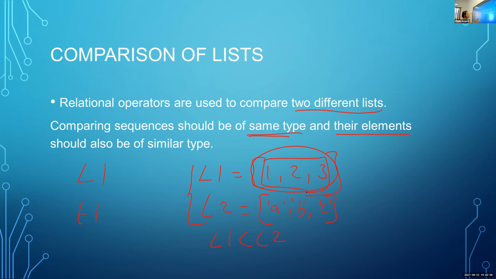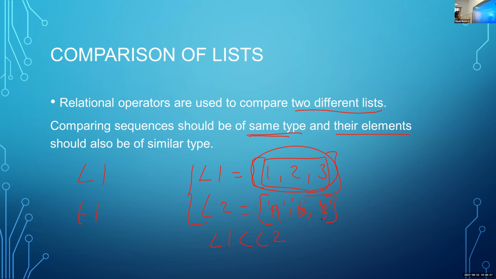Then the second point, their elements, that is contents, with same data type. If I am using integer values in L1, here also you want to use integer values, like 11, 12, 13, 14. There is no need of using the same values, but integer values are used here. Is this point clear?